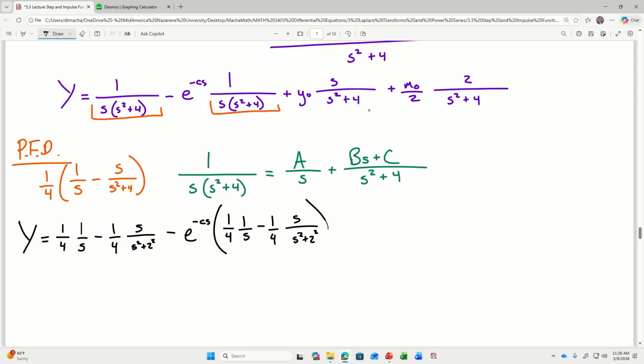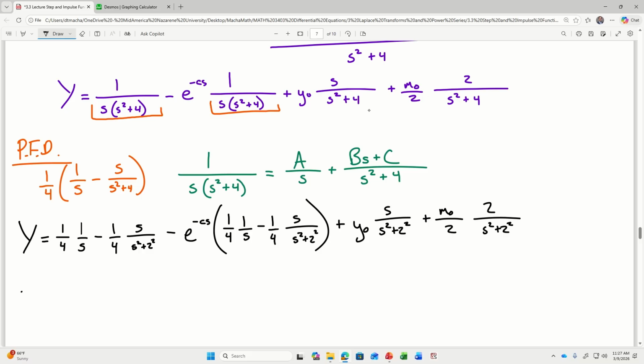It's the same thing, but with the e to the negative cs in front of it. Plus y0 s over s squared plus 2 squared plus m0 over 2 times 2 over s squared plus 2 squared.